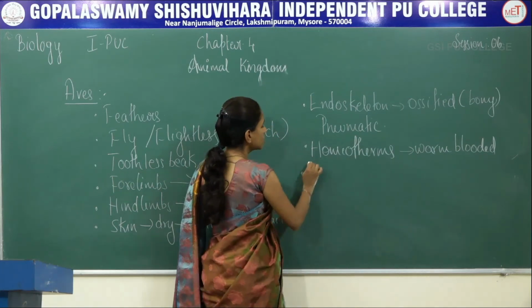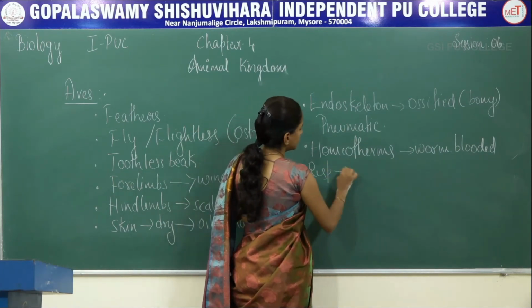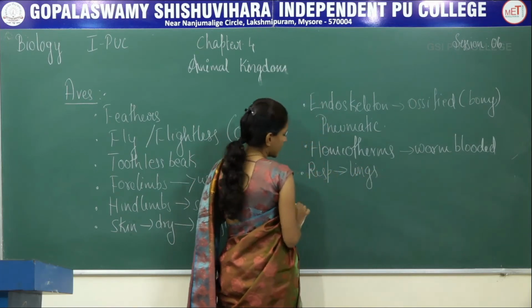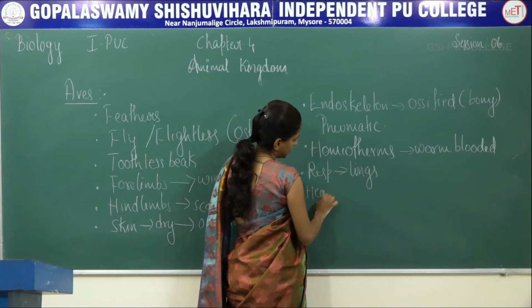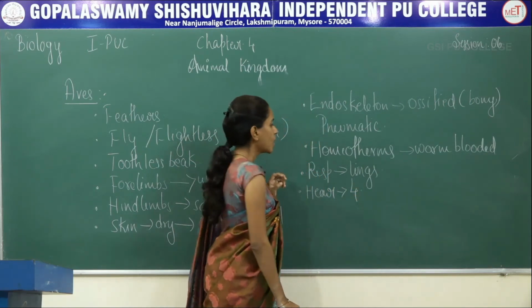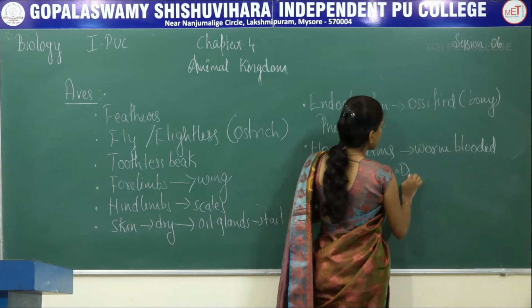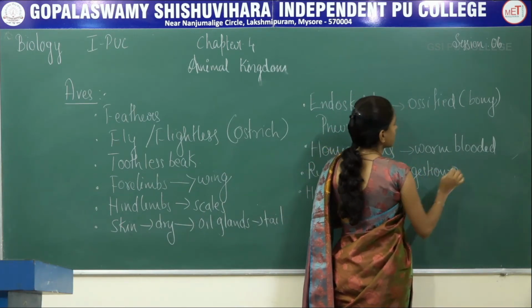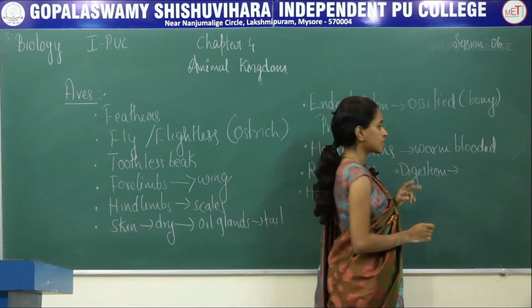So respiration takes place through lungs, heart four-chambered. When it comes to digestion, they have two special structures.